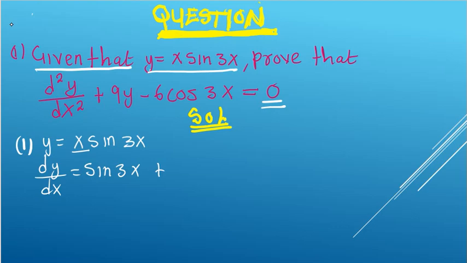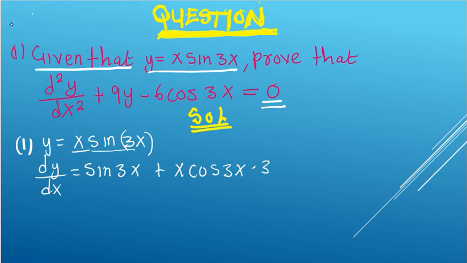This part is going to remain maintained, then we differentiate this part. And of course, dy/dx of sine 3x is simply cosine 3x, then we find dy/dx of 3x, that is just the chain rule. So this is multiplied by dy/dx of 3x is simply 3.